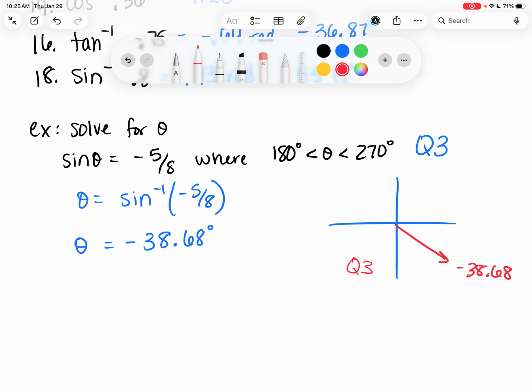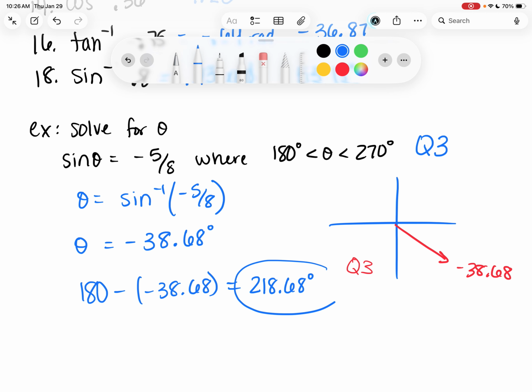So, if I do 180 minus the negative 38.68, or essentially I'm adding the two things, then I get 218.68 degrees. Is that value in here? Yes. That is in there, so then this is my answer.